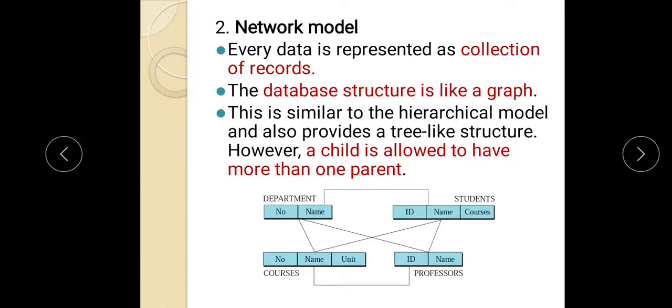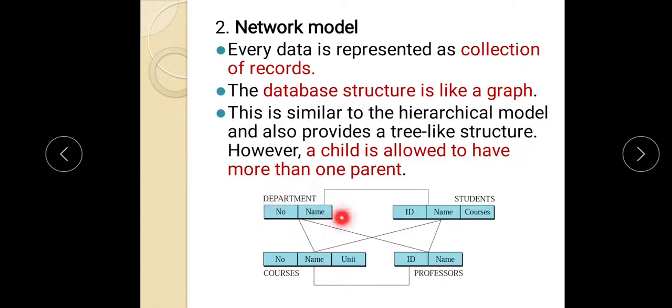In order to relieve this restriction, they provided another relaxed model, which is called a network model. The network model is not in the form of a tree, but in the form of a graph. So this is a graph-like structure, which means that every node can connect to every other node.